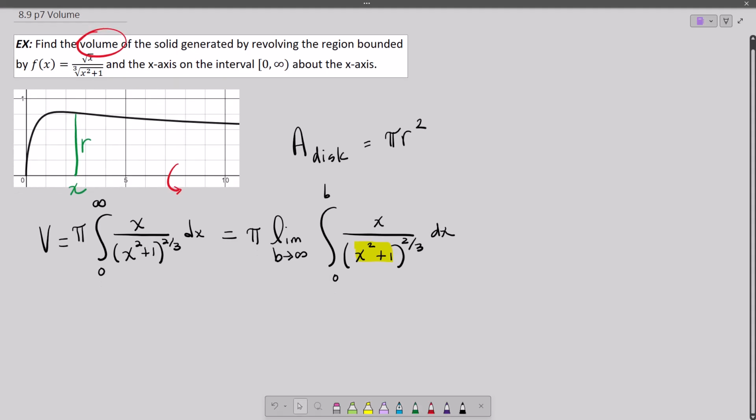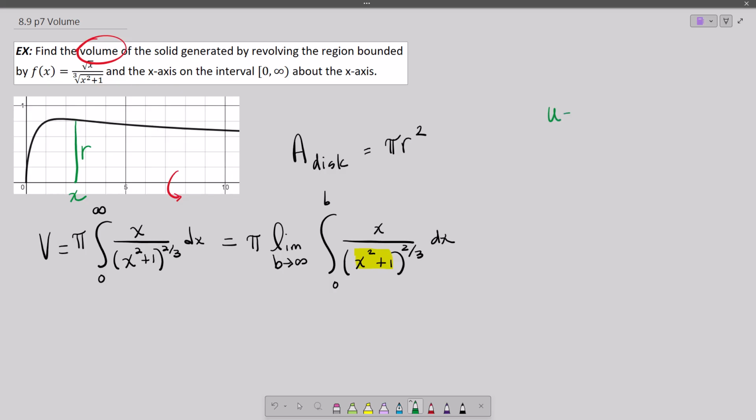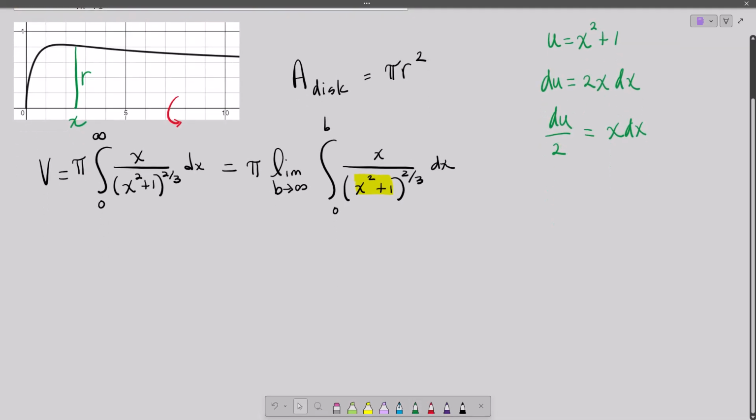So we're going to let u equal x squared plus 1. So du will be 2x dx. And if we want to, we could isolate x dx since that's what we're seeing in the numerator. So this is going to give us pi, limit, integral.